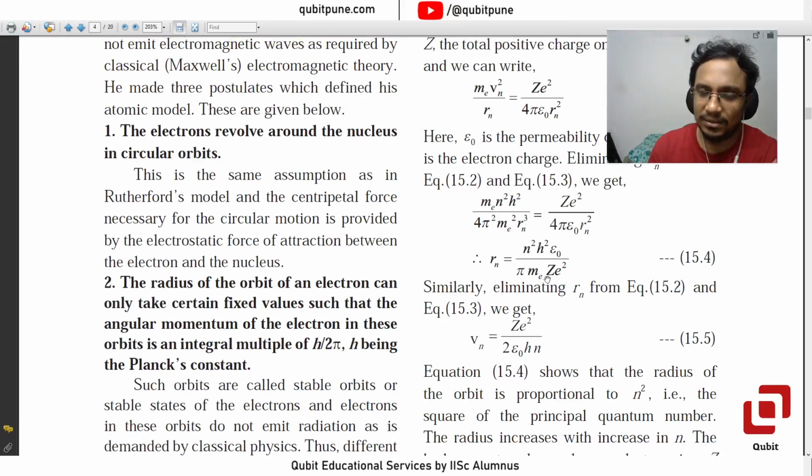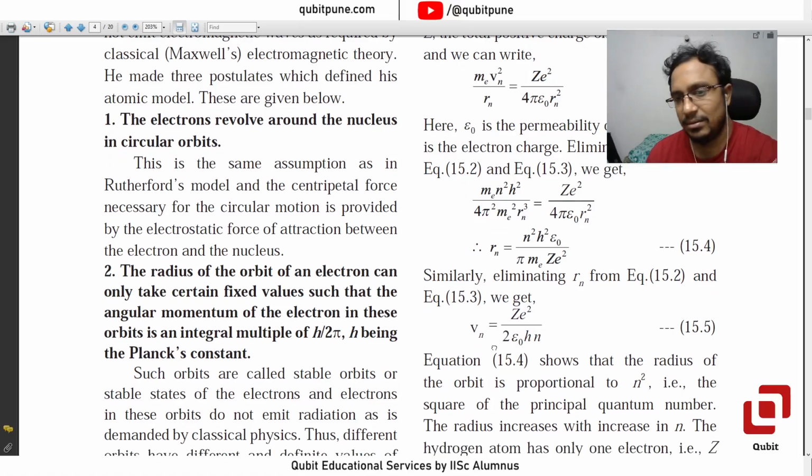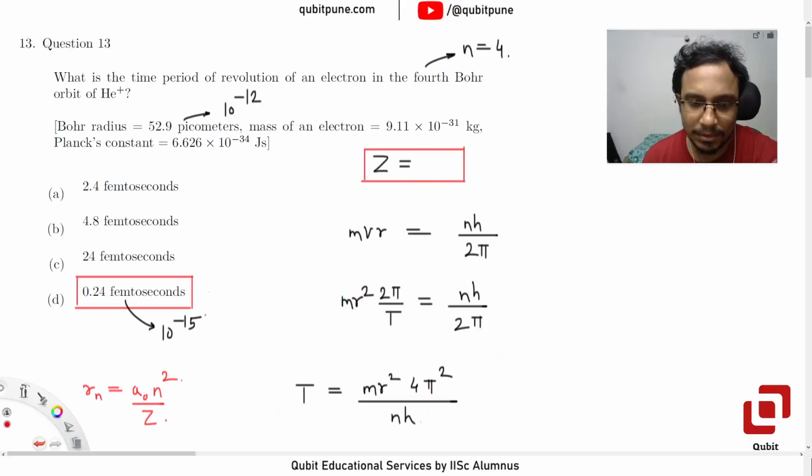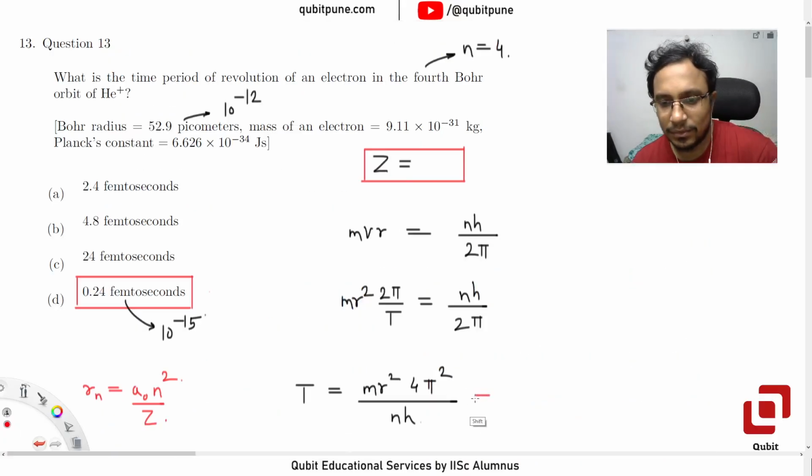Upon Z, okay, that's fine. Square. Okay. So it's mass of electron into Bohr radius squared n squared.